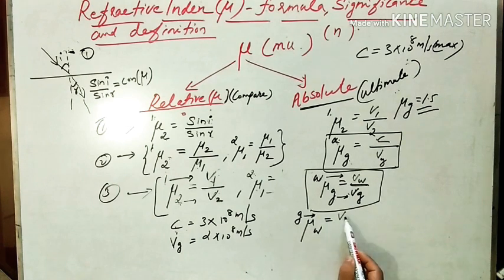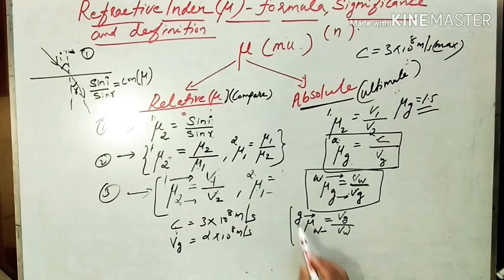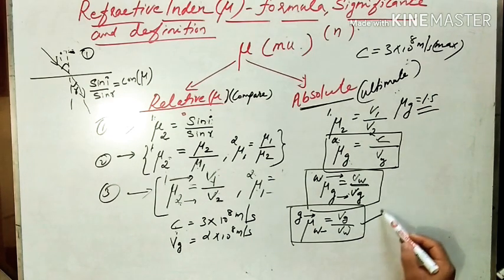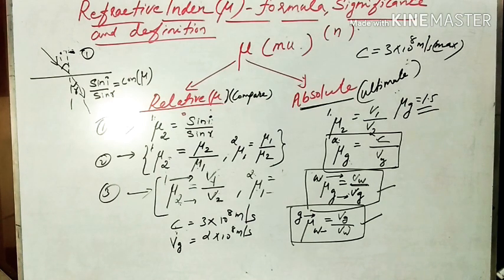That is speed of light in glass divided by speed of light in water. As you read the formula, just place it here. In this way, the absolute refractive index can be calculated. So remember, relative refractive indices three ways and one absolute refractive index in terms of speed of light.